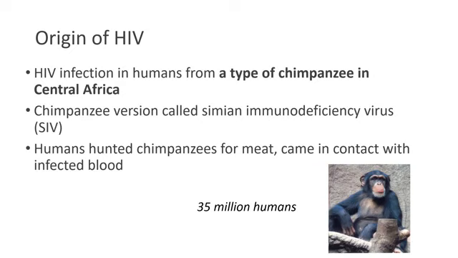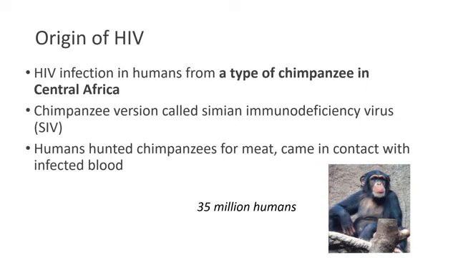So the origin of HIV: the HIV virus came from what was called the simian immunodeficiency virus. I wouldn't say it was common, but we don't hang out with chimps a lot, so it's hard to say really how common it is in the wild.